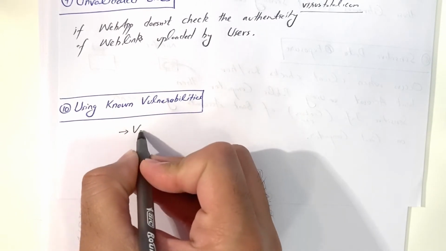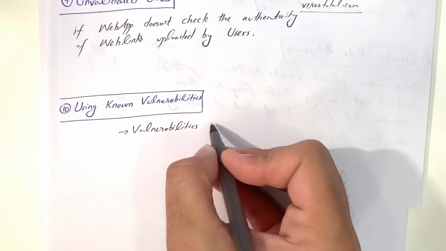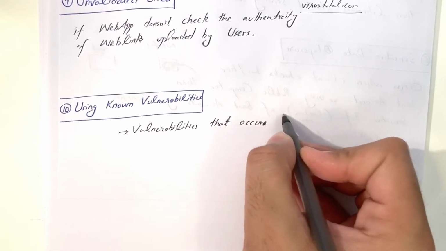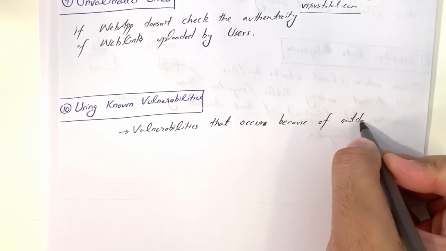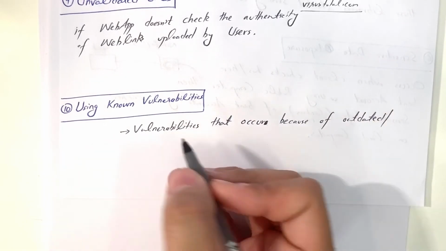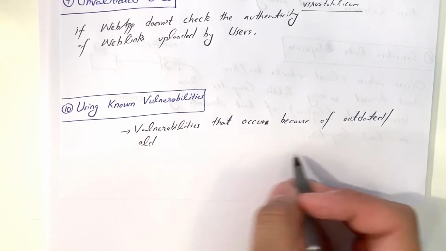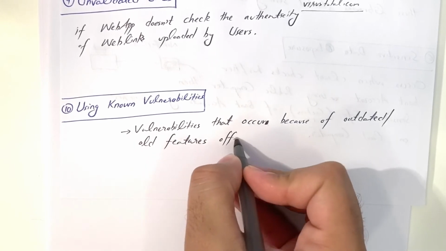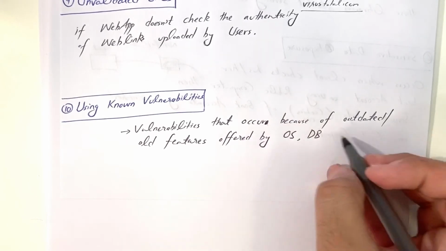So these are vulnerabilities that occur because of outdated or old features offered by the operating system, database, or web server.